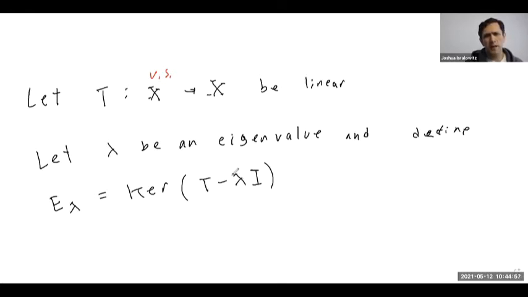It's implied that it's lambda times I. So I think the book does it, so I'll just do that.